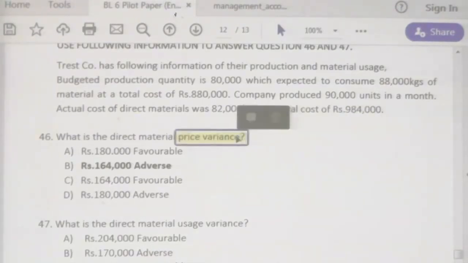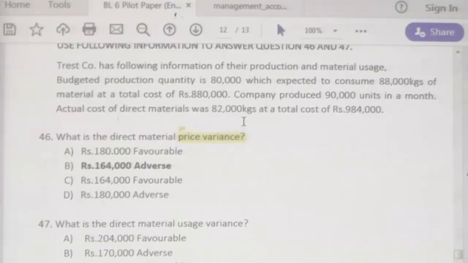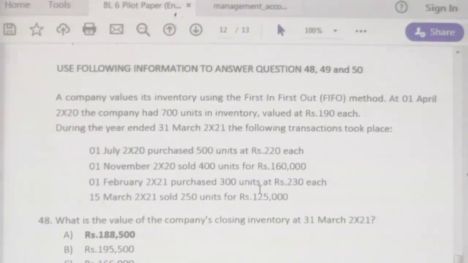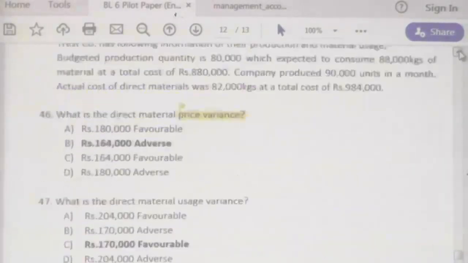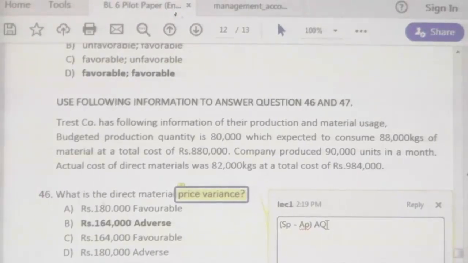The formula will be: standard price minus actual price, into actual quantity. Now let's see what the figures are. What is the standard price per unit of material? What is the actual price per unit of material? And what is the actual quantity?